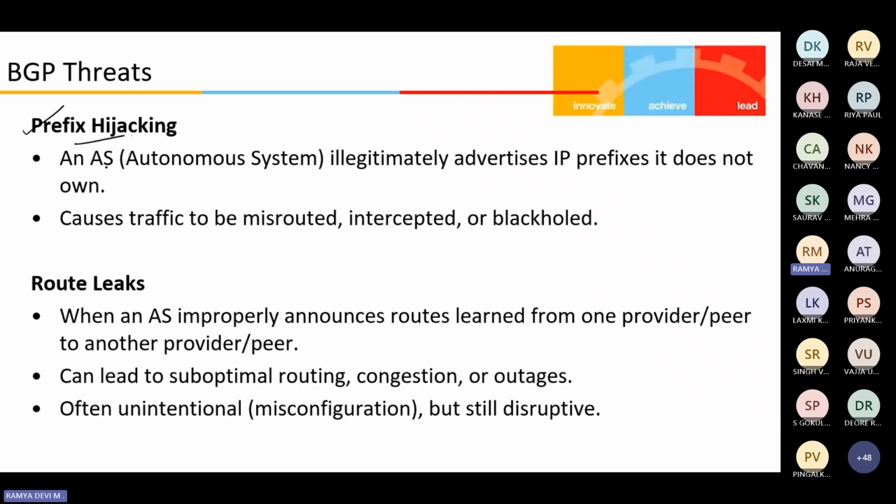It occurs when an autonomous system illegitimately advertises an IP prefix that it does not own. The traffic can be misrouted to the wrong destination, or the data can be intercepted. A man-in-the-middle attack can happen, or the packets can be black-holed and dropped entirely.